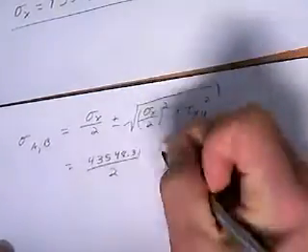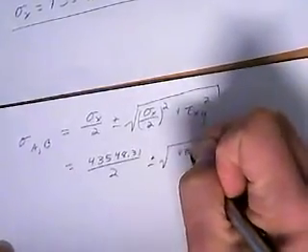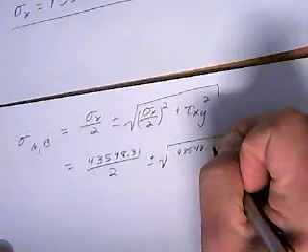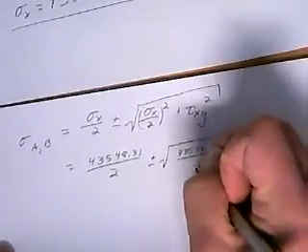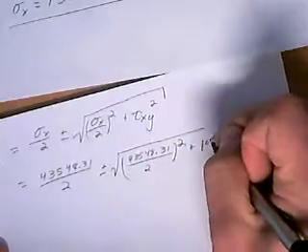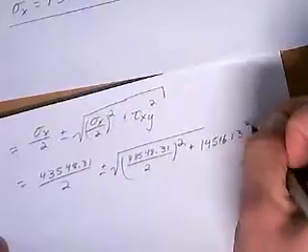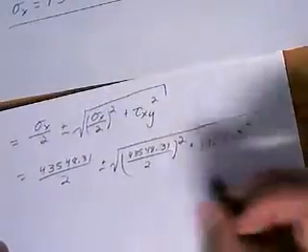4354.831 over 2 plus or minus the square root of 4354.831 over 2 squared plus 1451.613 squared. Just like that.